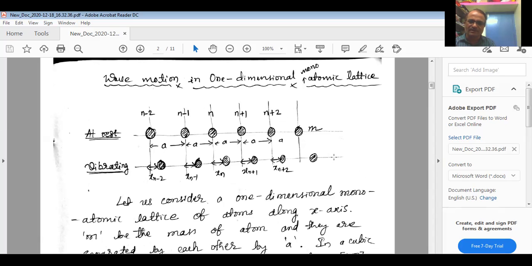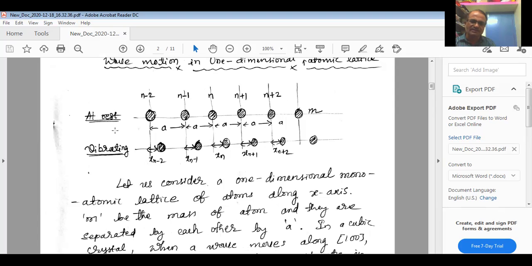Here we have considered atoms of the same kind, and we are looking at only one-dimensional motion, along the x-axis. These are the atoms, and all atoms are separated by a distance a. At rest, this is the position.